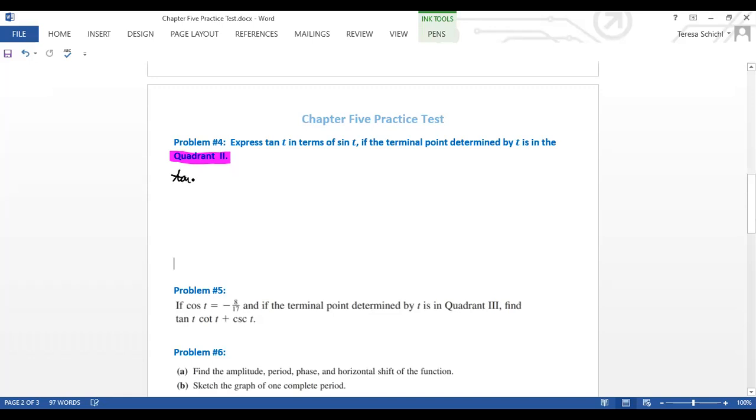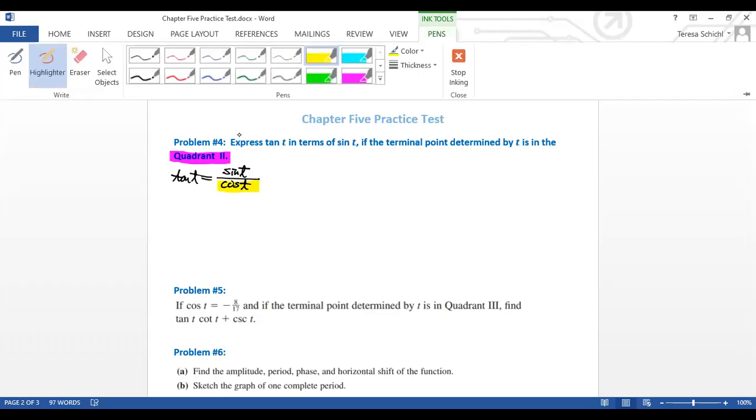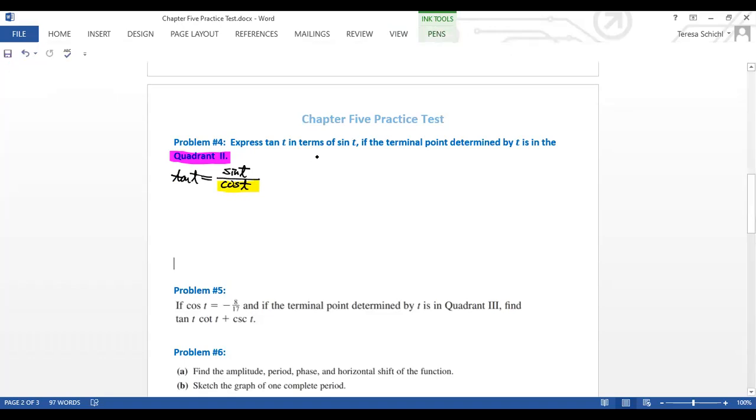So I have tangent t. I know the identity for tangent t is sine t over cosine t, right? So I need to replace the cosine with the sine, because they want tangent t in terms of sine. So where is the relation between sine and cosine? Oh, Pythagorean.